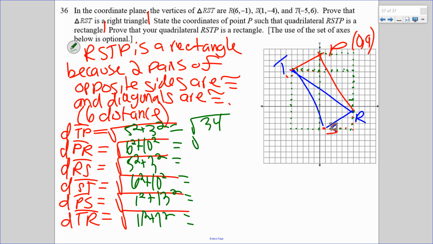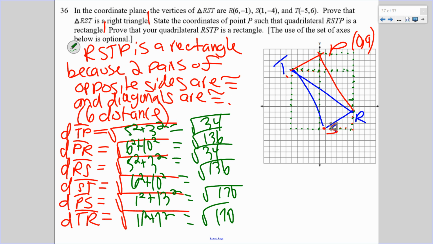Radical 34, radical 136, radical 34, radical 136, radical 170, radical 170. Now, you have to tell me the opposite sides, what's congruent and why. So, TP is congruent to RS.